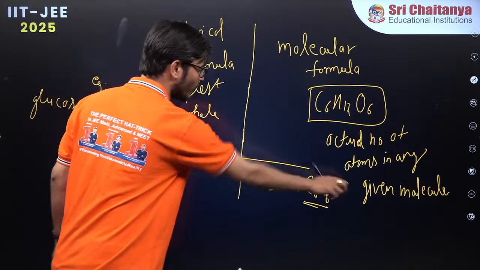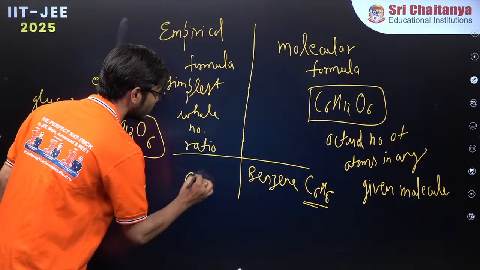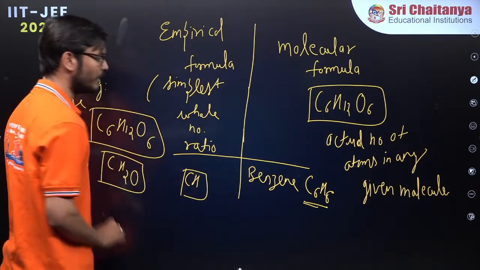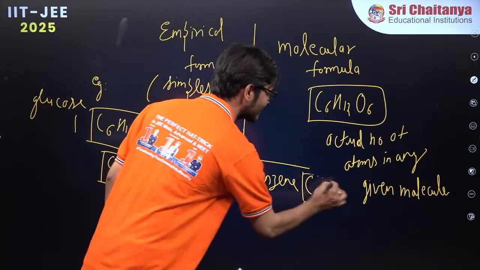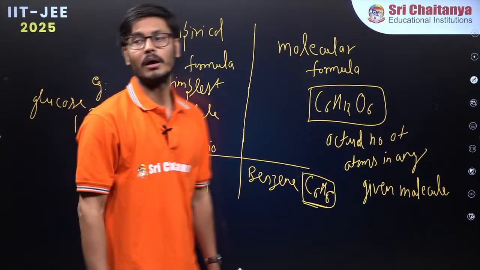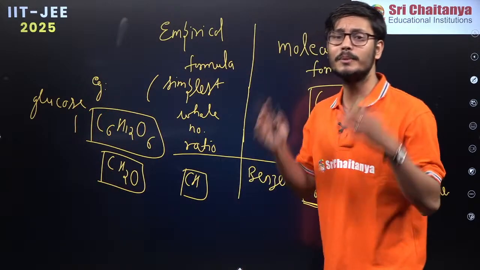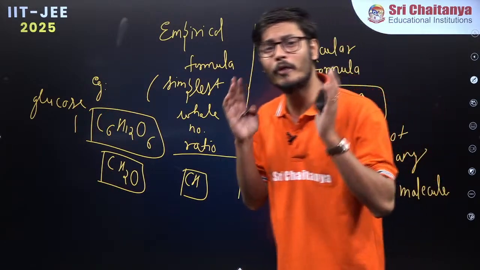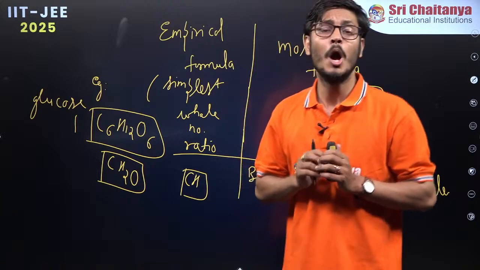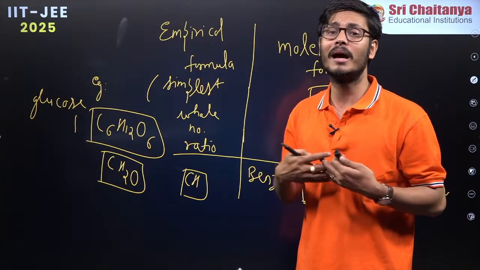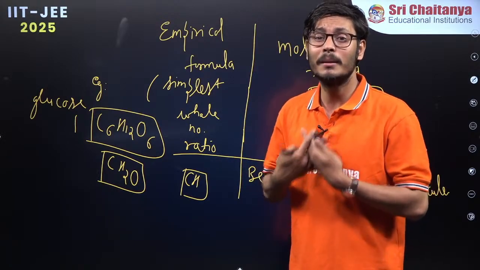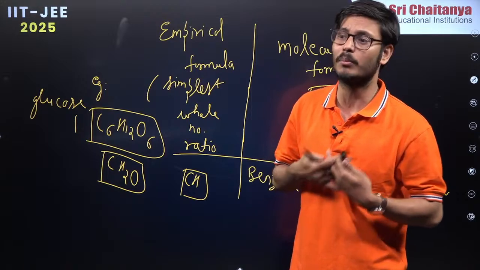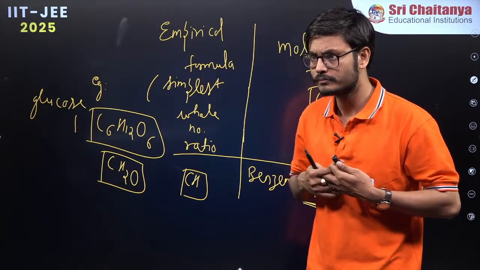So take the simplest whole number ratio, that will be CH. So CH is the empirical formula and C6H6 is the molecular formula. So molecular formula gives me the idea about the actual number of atoms for any given molecule, while empirical formula gives us the idea about the simplest whole number ratio in that molecule. Okay.